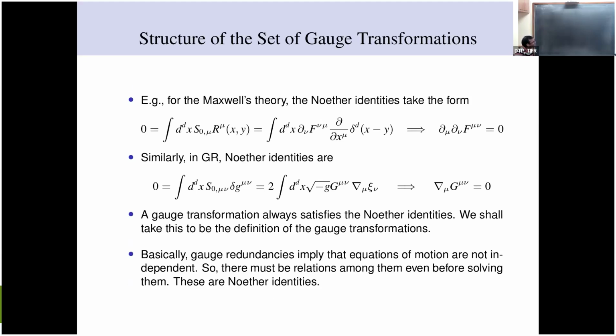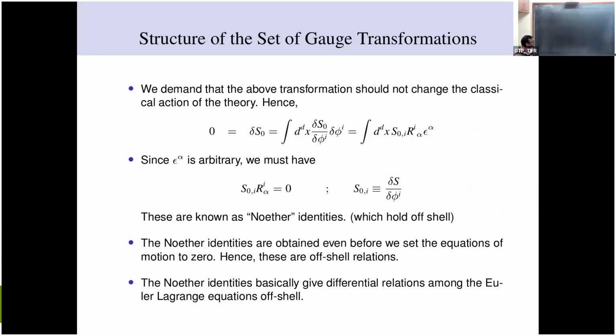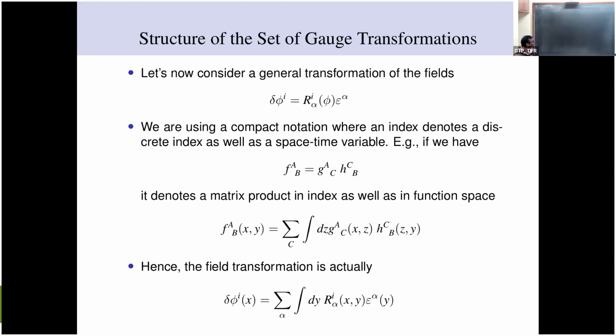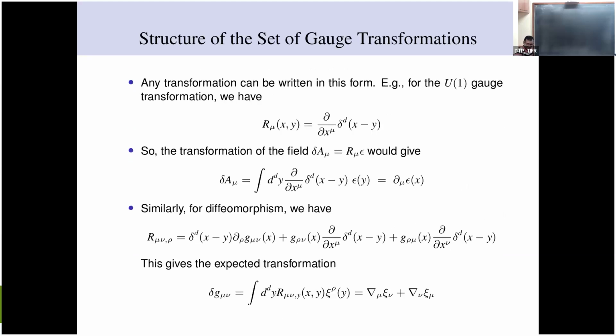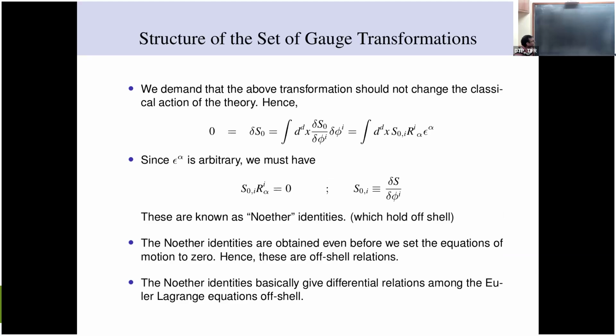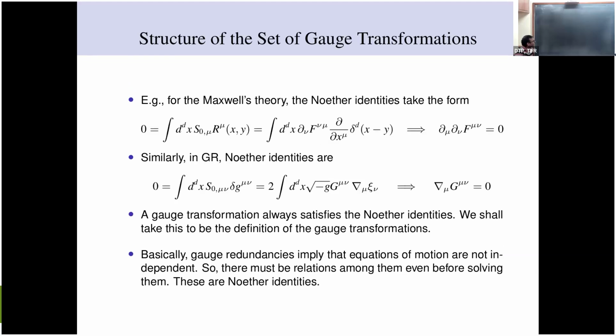You said for Maxwell theory, local identity for what symmetry? So here we have this gauge transformation. Gauge transformations always satisfy these Noether identities, and we shall take this to be the definition of our gauge transformation. Gauge redundancy implies that the equations of motion you write down are not all independent.